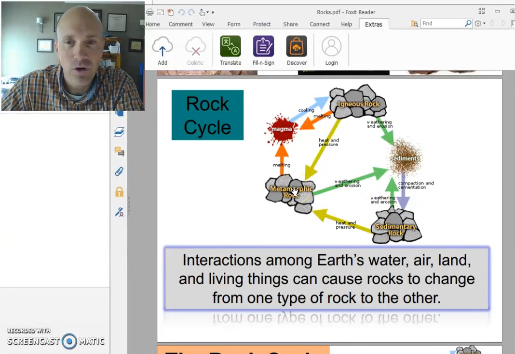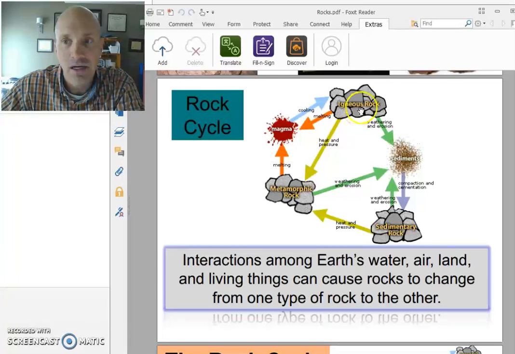Right now, I just want to focus on the fact that these things can be turned from one type into the other. Every arrow that you see here is a way that, for example, metamorphic rock could get turned into sediments, and those sediments could then get turned into sedimentary rock. Alternatively, metamorphic rock, if you get it hot enough, can melt and make magma, and then that magma could cool down and make igneous rock.